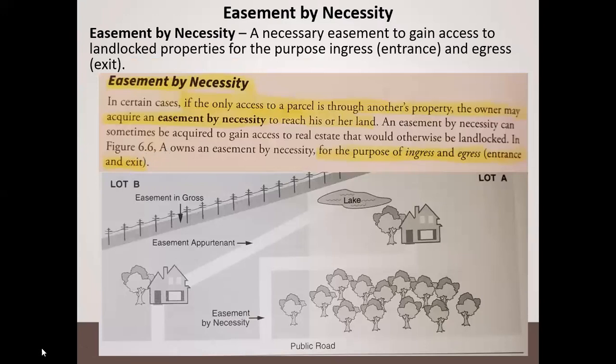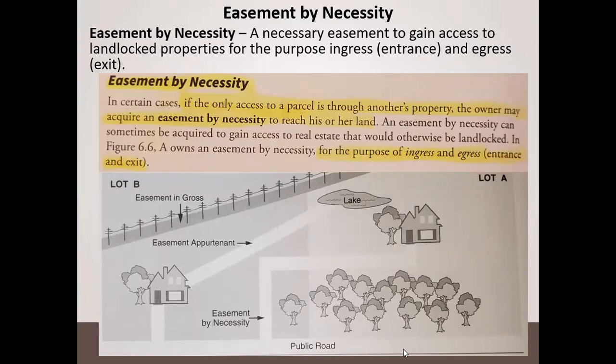An easement by necessity. This isn't a real good example, because you'd question, well, why can't I just cut down the trees? Because there's a bunch of environmentalists that would tie themselves to a tree and strap bombs to their chests if you ever dared to cut down a tree.